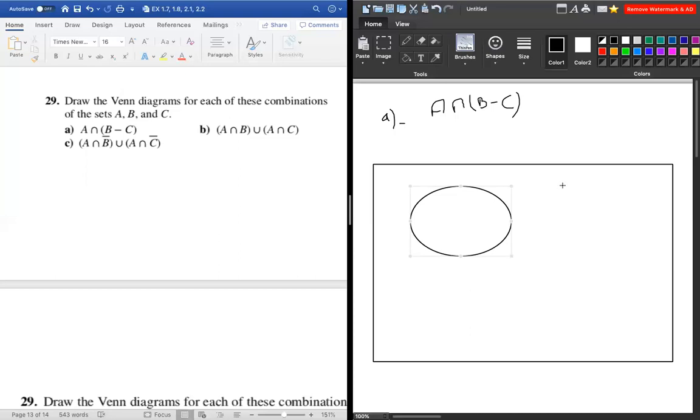So we will show here. So this one represents set A, this represents set B, and then this represents set C, right? So first what we have to do is, so B and C, maybe if I can, let's raise this.